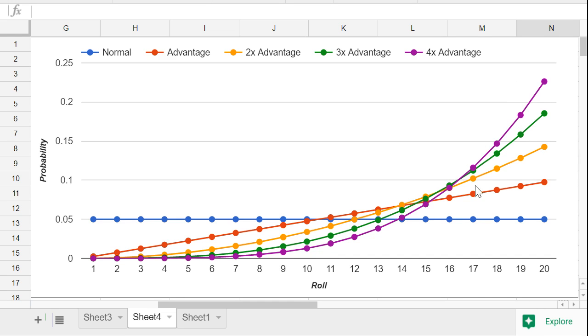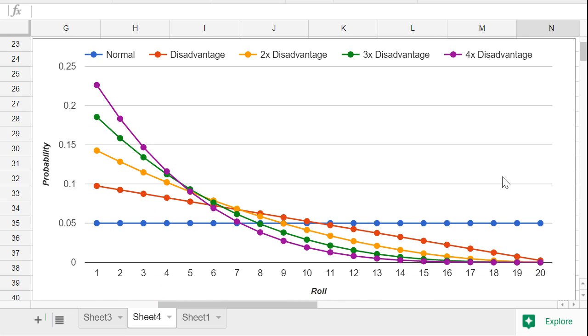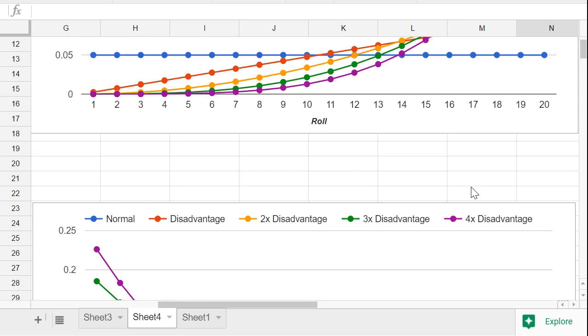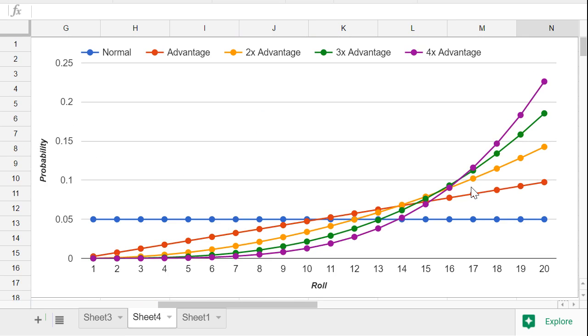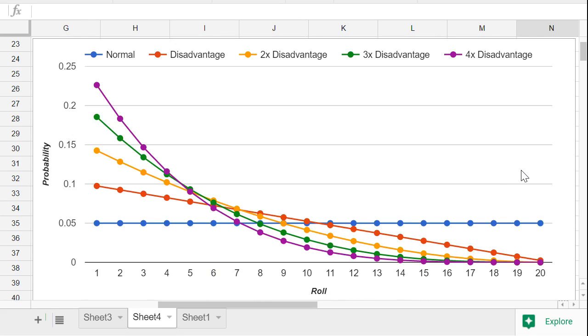And then similarly for disadvantage, I've got the graph here. It's the same kind of idea, and naturally for disadvantage, you have a higher chance of rolling low. And advantage gives you a higher chance of rolling high. And the relationship is very much not linear. Pretty neat, actually, to look at.